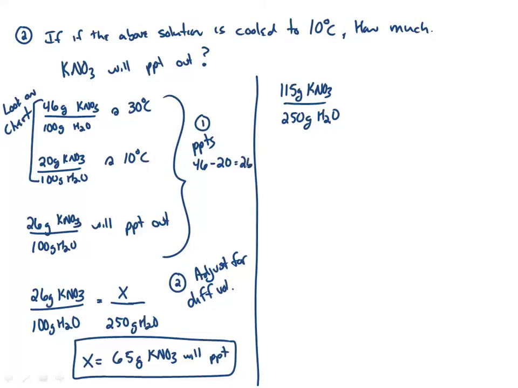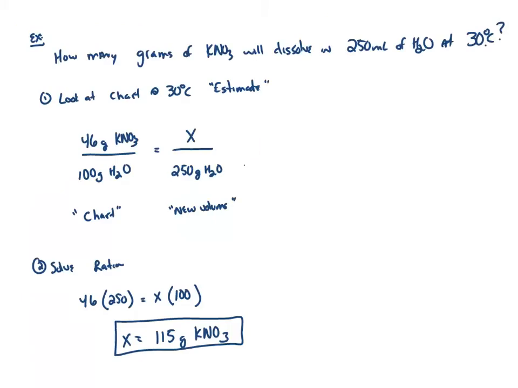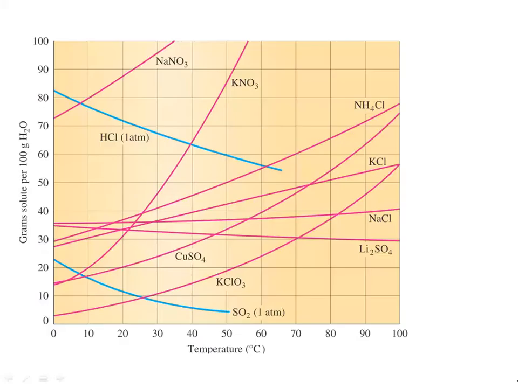If you take a look at the chart, we come over here at 30 and I've got approximately 46, and then at 10 it's about 20, as close to 20 as you're going to get. So the idea is that if I change the temperature, that's the amount that precipitates.